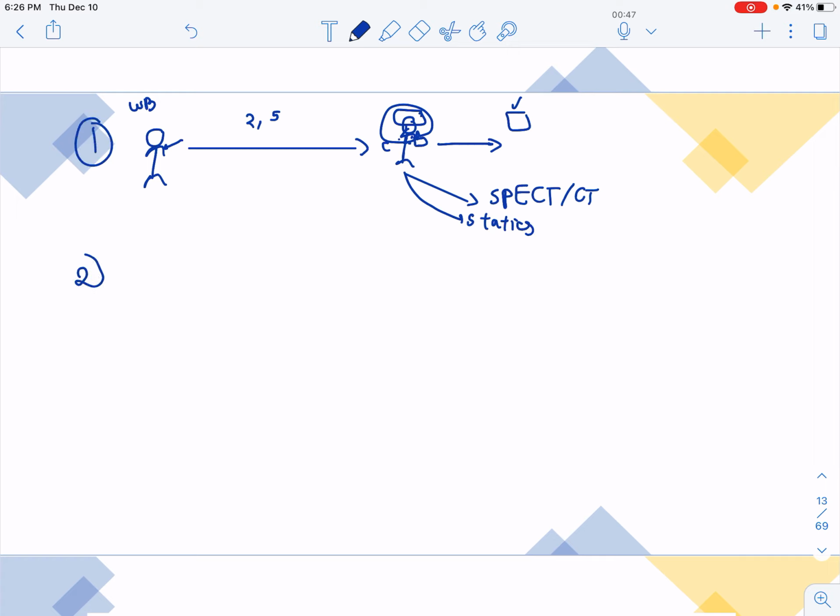The second scenario, if the patient is coming for 3-phase. For 3-phase, we cannot inject the patient and let the patient go and then come back. No. What we do is take the patient right away after interviewing the patient to the imaging room.